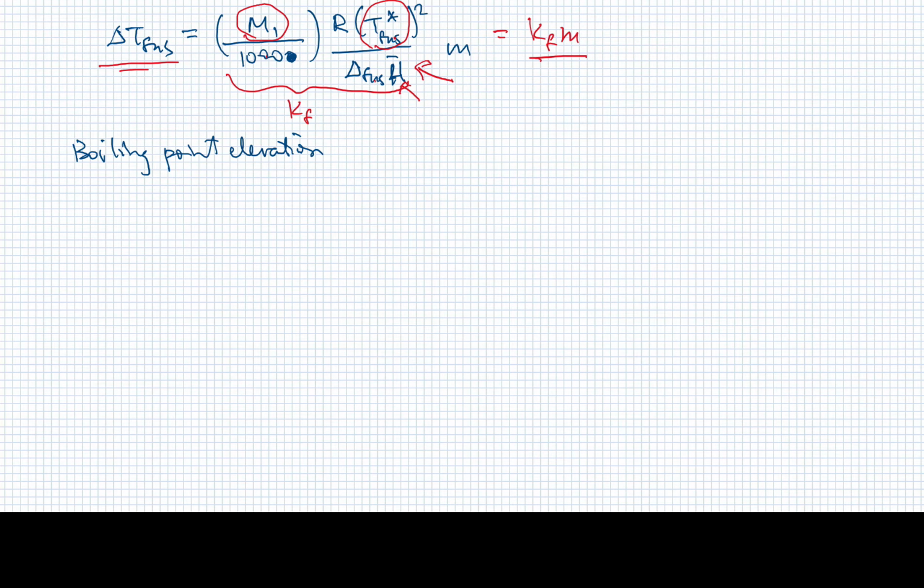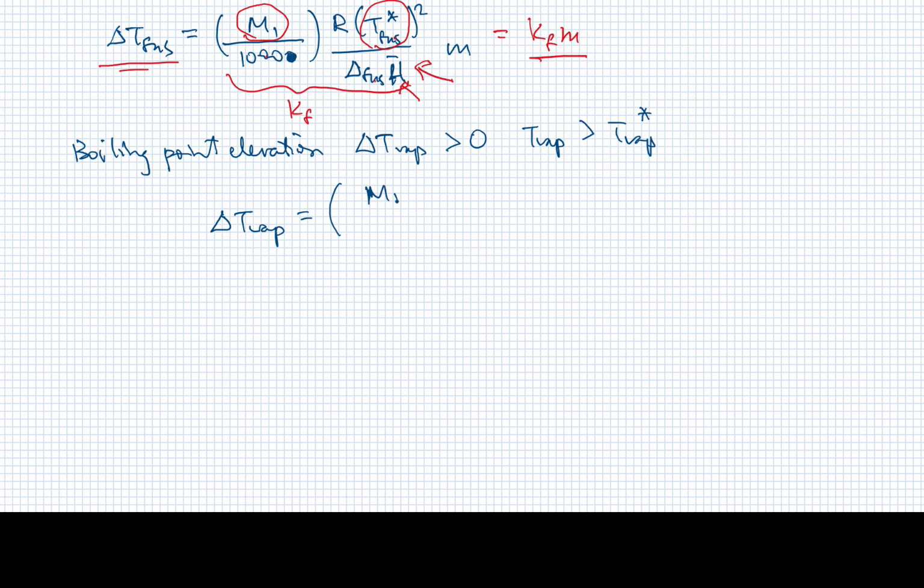In this case, however, because liquid is the initial state and vapor is the final state, it's going to reverse the sign of the delta T. So in this case, we find that delta T for vaporization is not negative, it's actually positive. That is to say, the T vapor for the solution will be greater than T vapor for the pure substance. Okay, and an expression for that can be written as follows, very similar to the above expression.